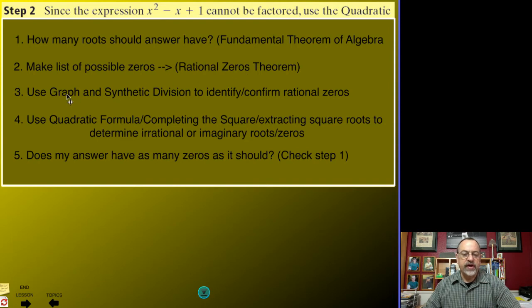We can use our graphing calculator to help us with our list. We then need to divide synthetically to confirm and identify the rational zeros, creating our quadratic, which then allows us to find the final pair of roots for the expression. Then we have the opportunity to go back and check and make sure our answer makes sense when we get to the end.